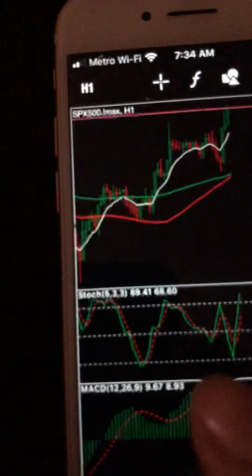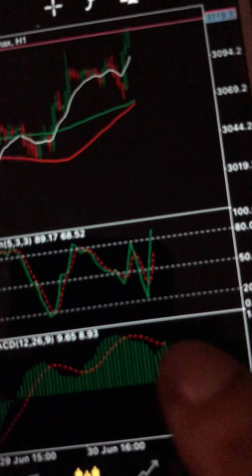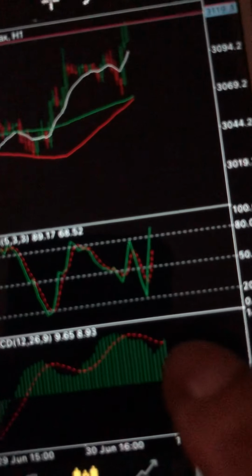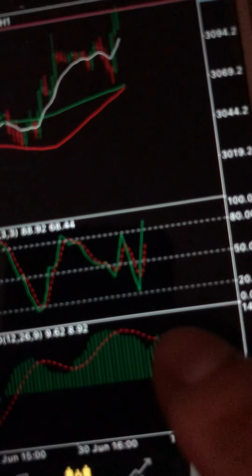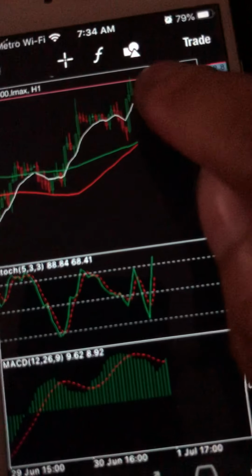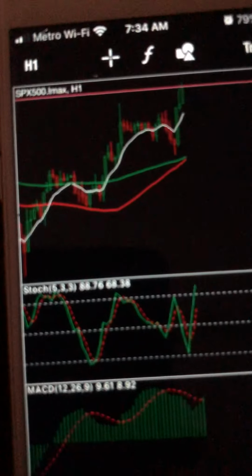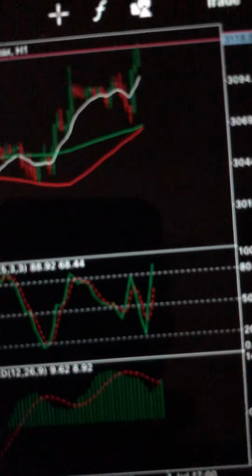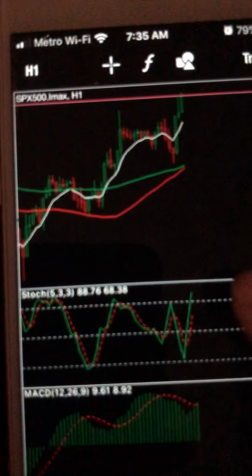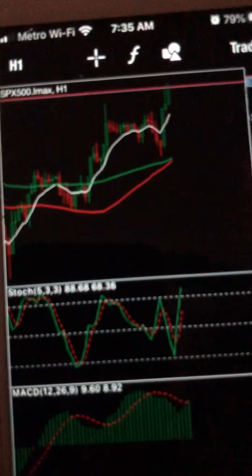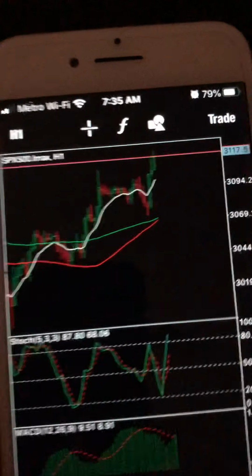Since we're on the hour chart, it's not going to angle down steeply and make price up here suddenly drop. That would be a pretty weird pattern, and usually patterns don't happen weird like that. So the S&P looks like a good buy. I may get into that. So yes, I'm going to get into this buy.